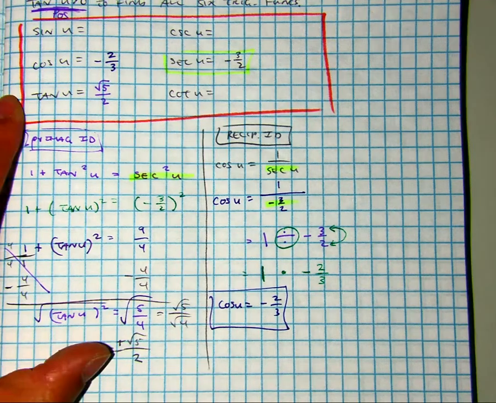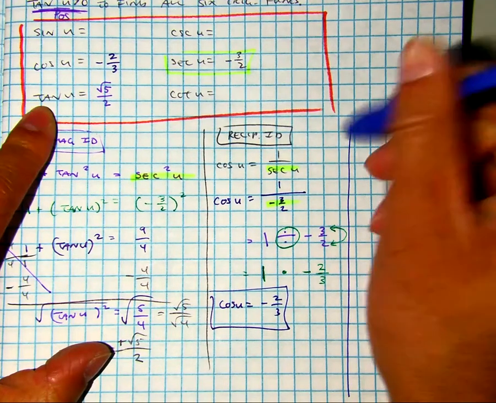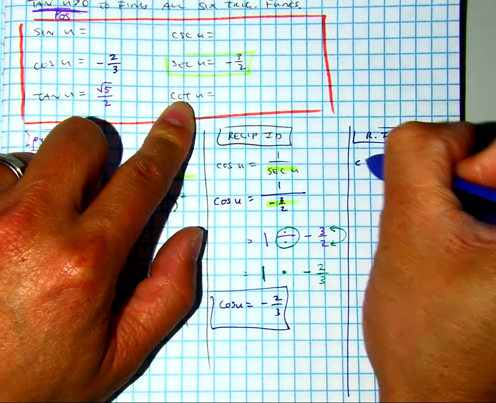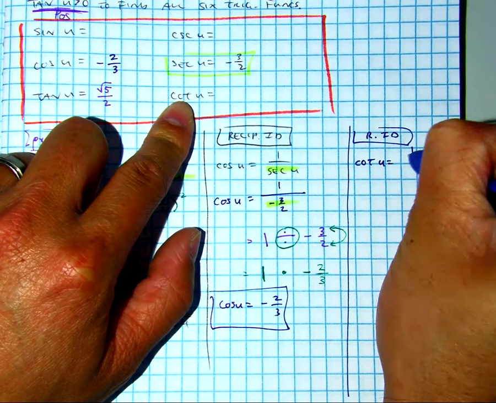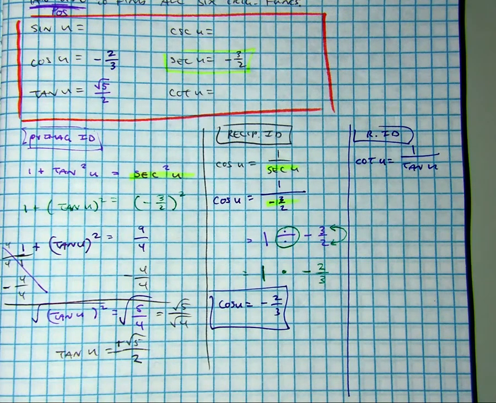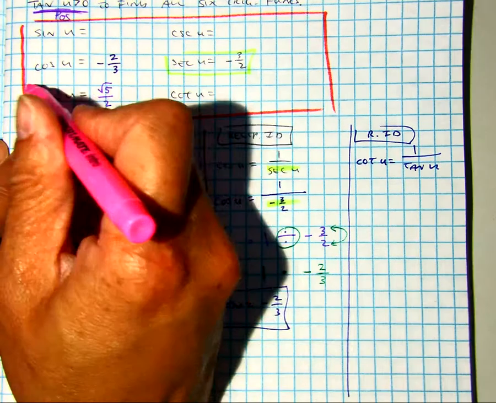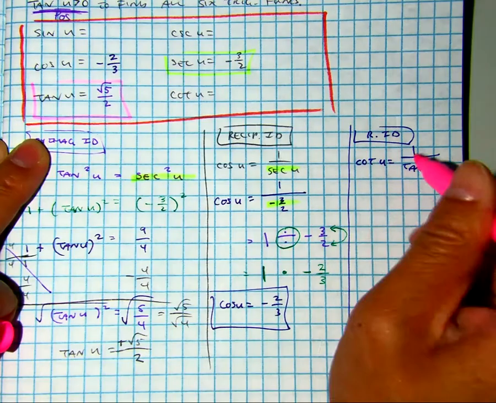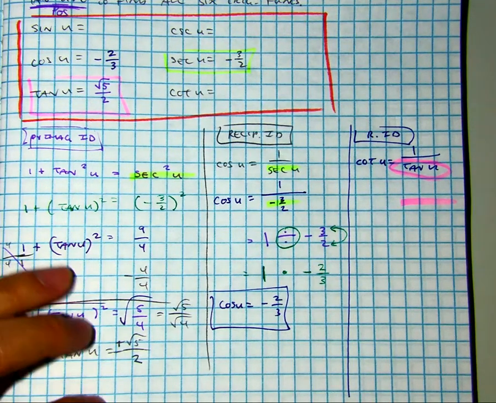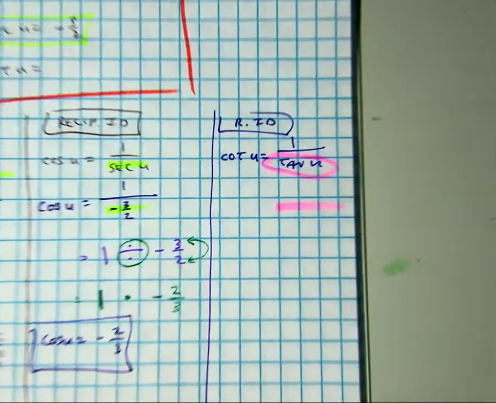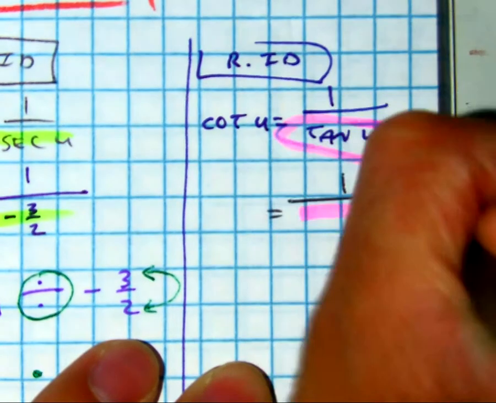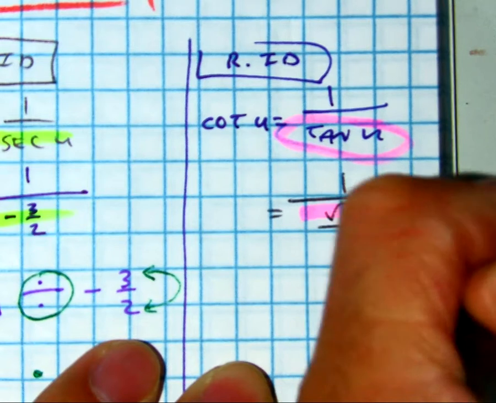So I want to find cotangent. That's equal to 1 over tangent. Tangent we already found. So I have 1 over radical 5 over 2.